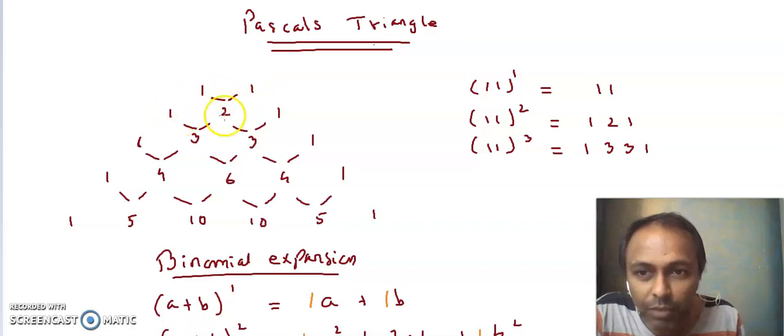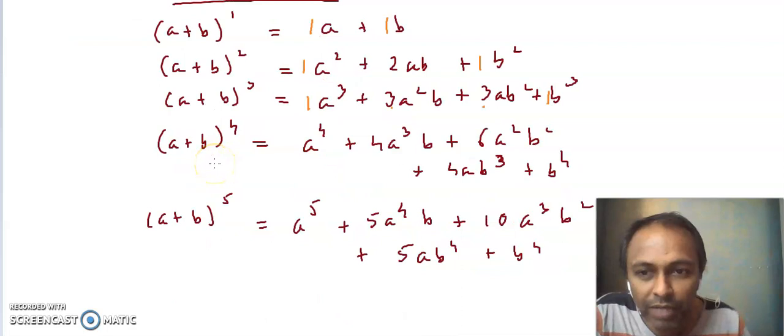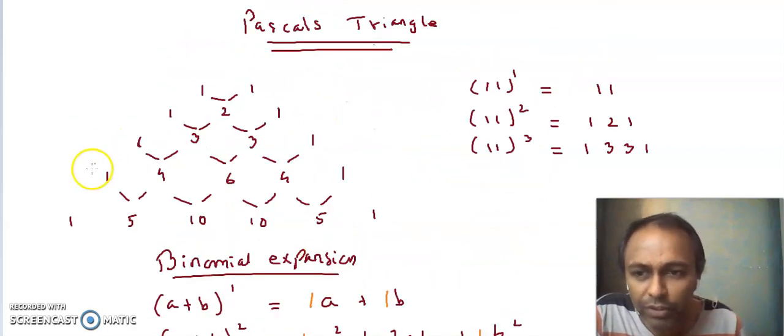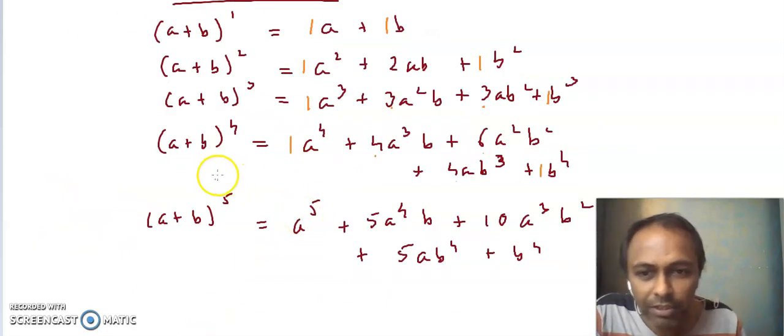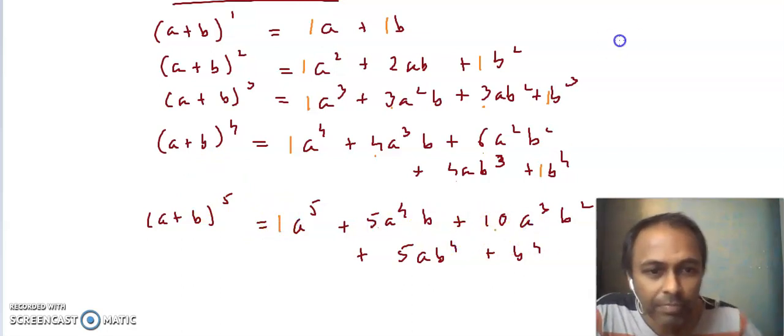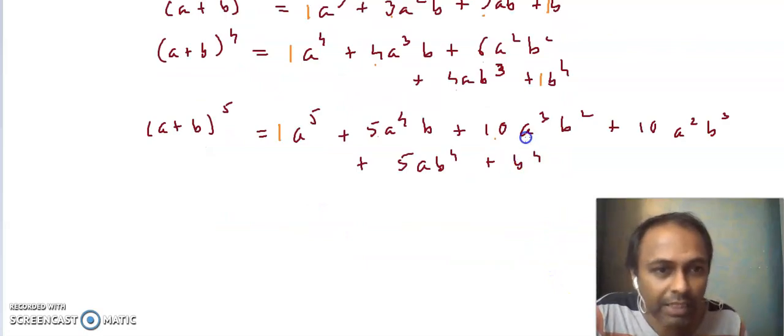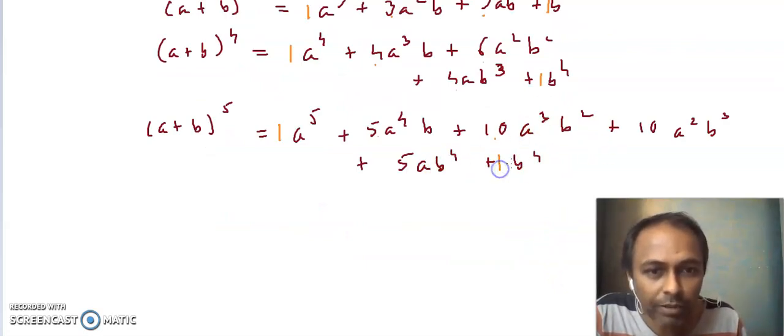See, 1, 1, then 1, 2, 1, then 1, 3, 3, 1, then 1, 4, 6, 4, 1. So when you have (a plus b) raised to 4, the coefficients are 1, 4, 6, 4, and 1 again. While when you see (a plus b) raised to 5, the coefficients are 1, 5, 10, 10, 5, 1. That can be seen here: 1, 5, 10, and then 10 again, 5, and 1 here.